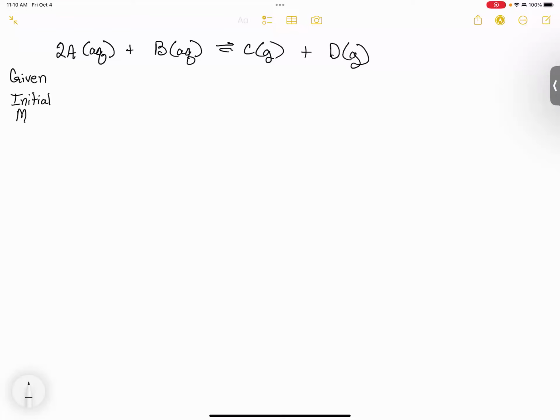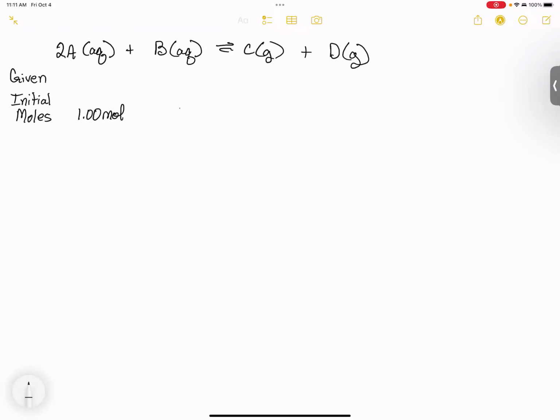Okay, so I have a reaction where 2A aqueous plus B aqueous goes to form C gas plus D gas. And I am told that the initial moles of A is 1.00 mole.